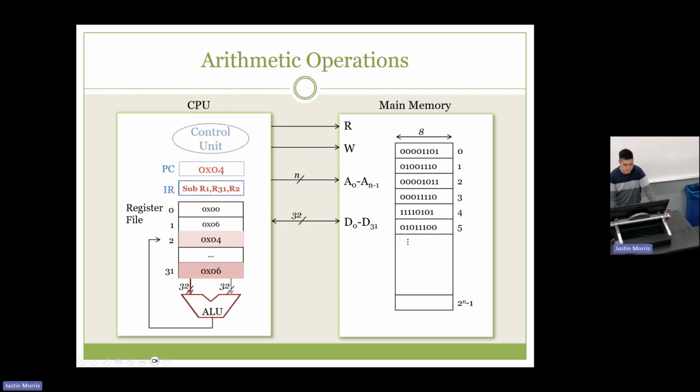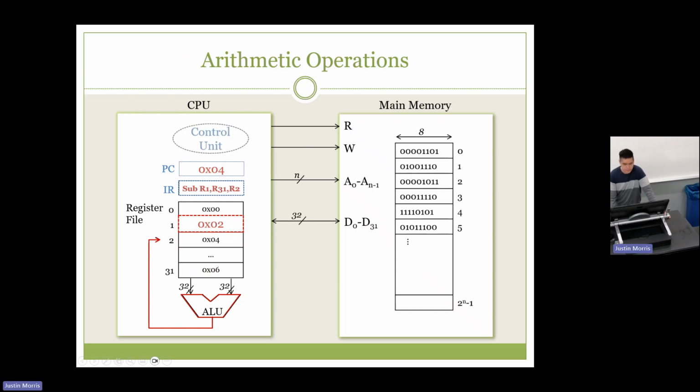In this case, we grab R2 and grab R31. So this is actually R31. This is R2. And we're going to subtract. And we should get 2 back, right? And it goes into R1.